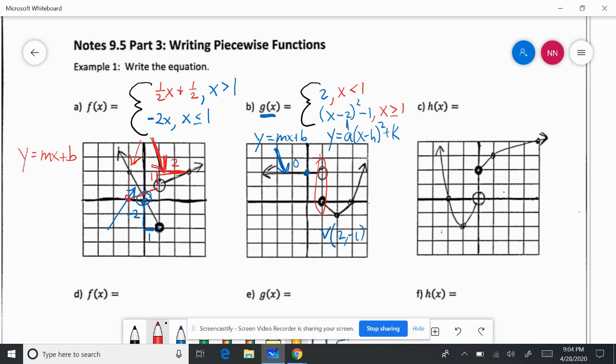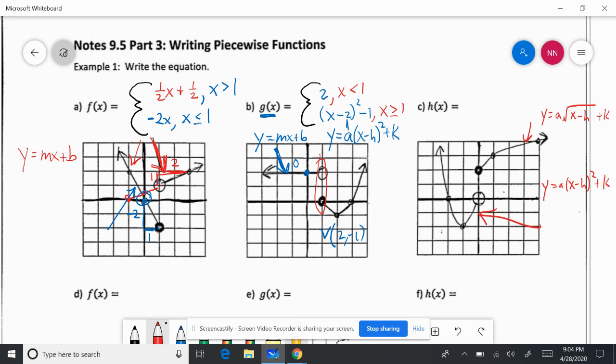Now, if we're looking at letter C, the two different equations that we have, this one right here is a square root function. So that would be y equals a square root of (x minus h) plus k. And for this one right here, what we have is a quadratic. So once again, y equals a(x minus h) squared plus k.